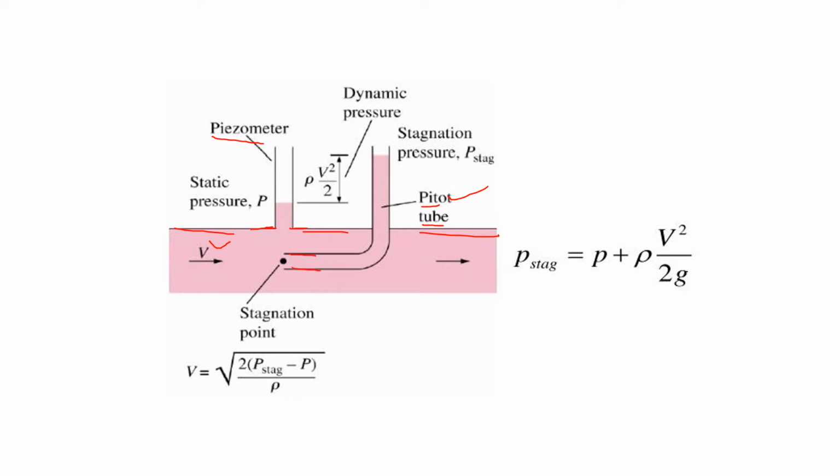Now this piezometer, which is a pressure measuring instrument, has its opening coinciding with the surface of the duct. Here we have studied in our lower semester that at the boundaries, at the surface, we have the no slip condition. No slip condition means the velocity of the fluid particle is 0.